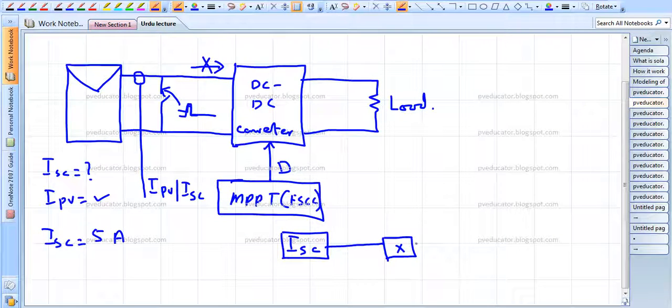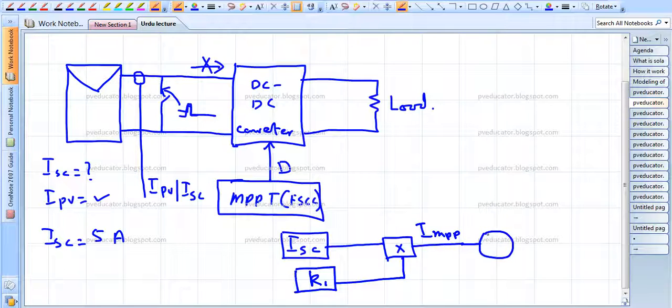Let us call it K1, and this will give us the approximate value of IMPP. And then we will have a comparator. This will be our IPV, and this will go to some sort of controller, where we are using a PI controller, and this gives us the duty ratio.